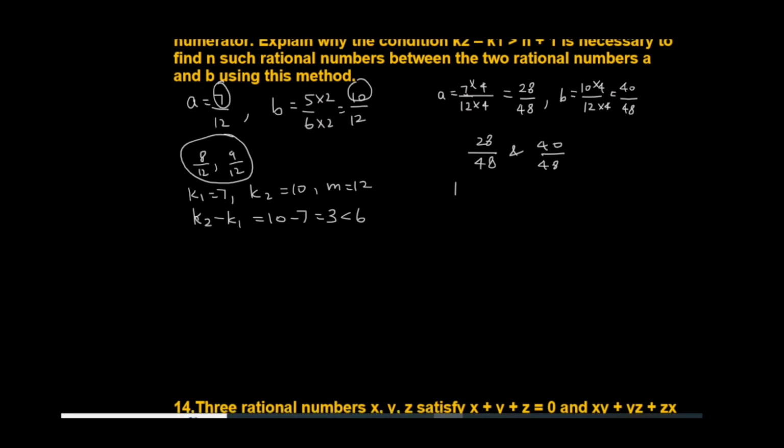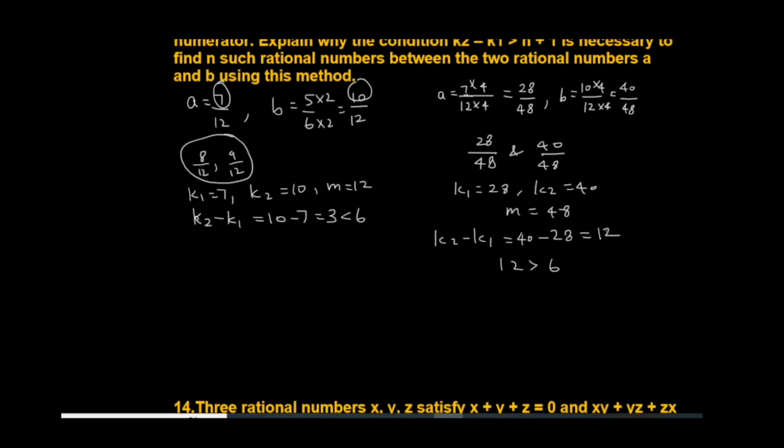Now look here, k1 is 28, k2 is 40, and m is 48. Now k2 minus k1 is 40 minus 28, which is 12. That is greater than 6, so we are getting so many numbers.